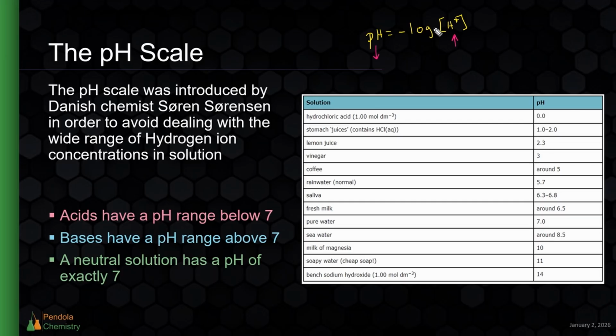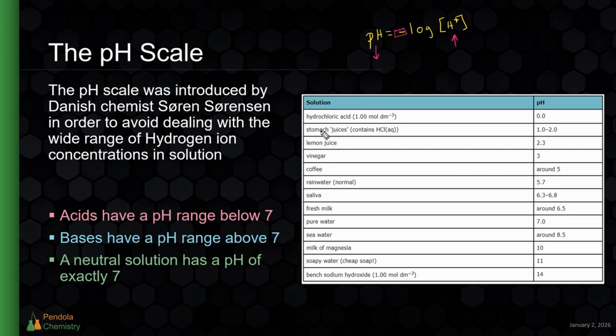That relationship comes from the negative in the equation. This is an equation you should already be familiar with from honors chemistry, and if you're not, you need to remember it, because we're going to use it a lot, and it helps us understand the relationship between the hydrogen ion concentration and the pH.